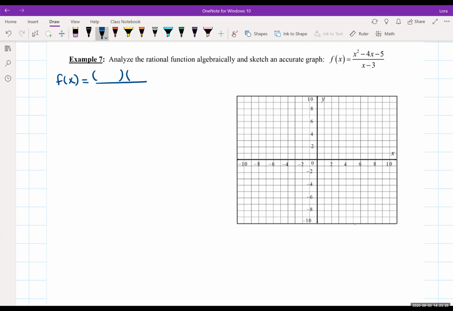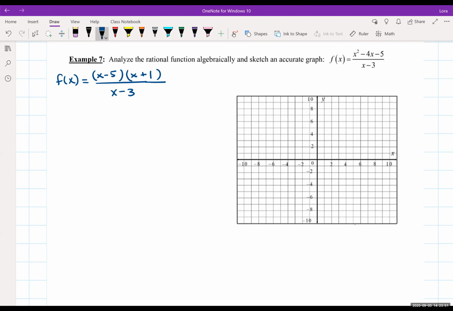Sometimes they do, sometimes they don't, but this one does. Factors of -5 that add up to -4. And it has a 1x squared, so I know there's an x in each binomial. So we have x minus 5 times x plus 1, all over x minus 3.